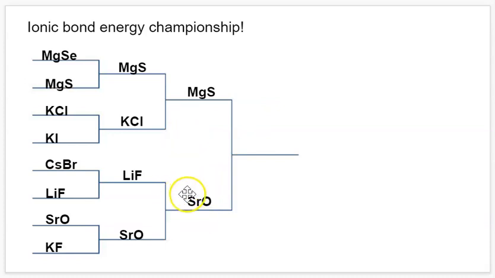Strontium seems like a really big atom compared to magnesium. And even though sulfur is a little bit bigger than oxygen, the size difference between sulfur and oxygen is not as great as the size difference between magnesium and strontium. So I think in this case, magnesium sulfide is going to be the final winner in our ionic bond energy championship.